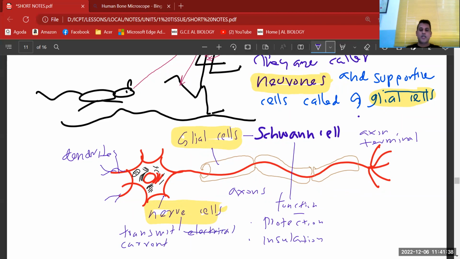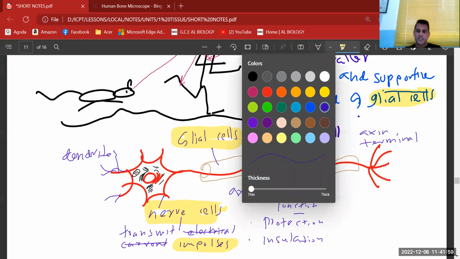We don't use the term electrical current, we use nerve impulses. Nerve impulses is the right word, but it is electrical current. Instead, we use nerve impulses from one direction to another direction.